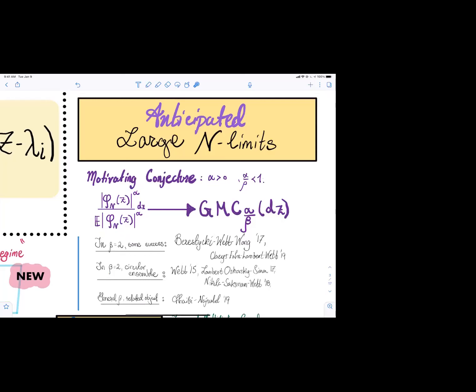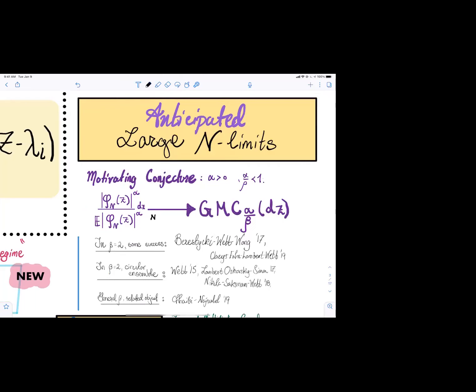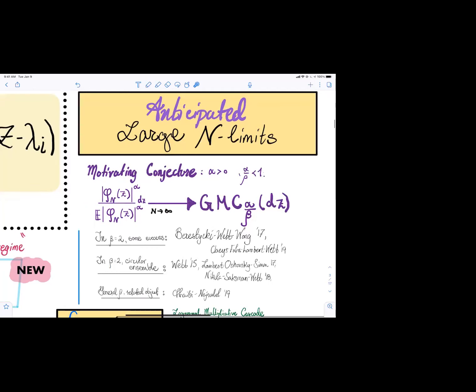As you send n to infinity, this might converge. The object to which it's conjectured to converge, and in some cases proved, is what's called a Gaussian multiplicative chaos, which I'll explain briefly.